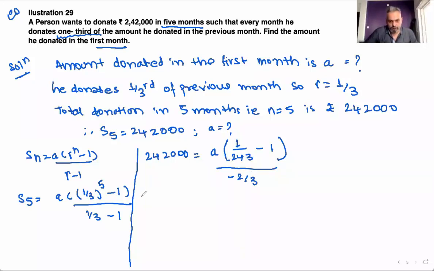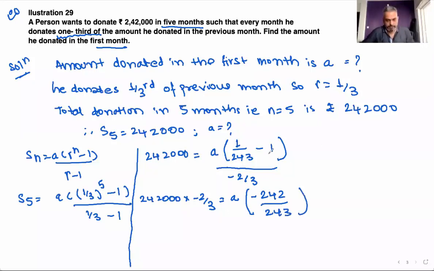So 2,42,000 into minus 2 by 3 is equal to A in the bracket, 243 will come here so minus 242 upon 243. So let's see if we can solve this. 242 divide by 3 is not possible.